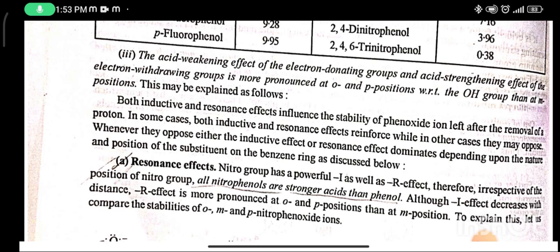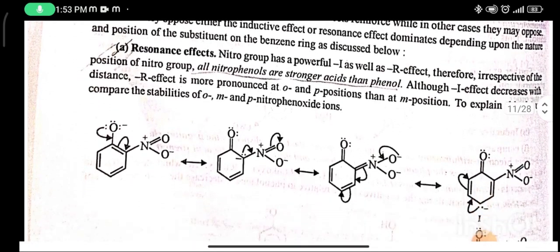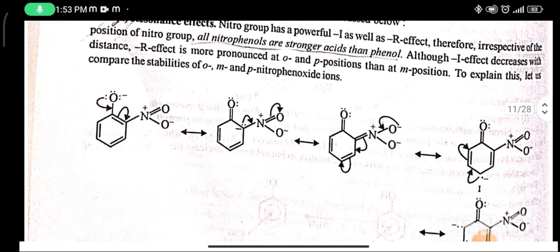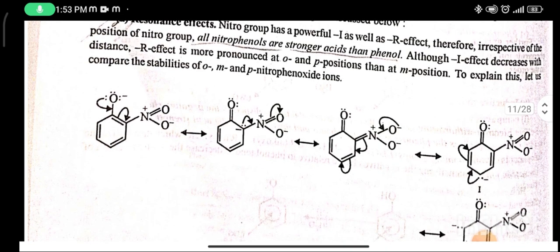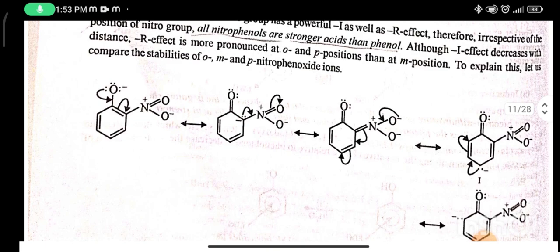Resonance effect. The nitro group has a powerful minus I as well as minus R effect. Therefore, irrespective of the position of the nitro group, all nitrophenols are stronger acids than phenol, although the minus I effect decreases with distance. The minus R effect is more pronounced at the ortho and para positions than at meta.